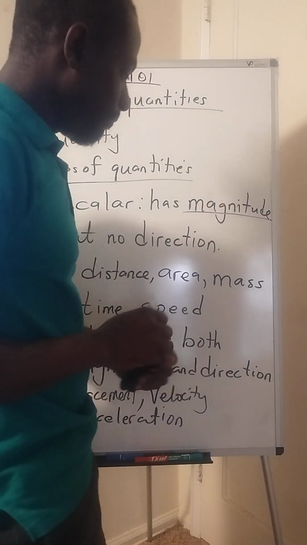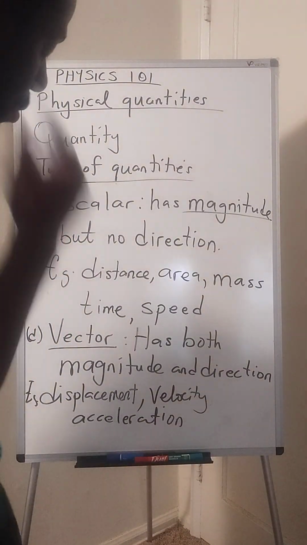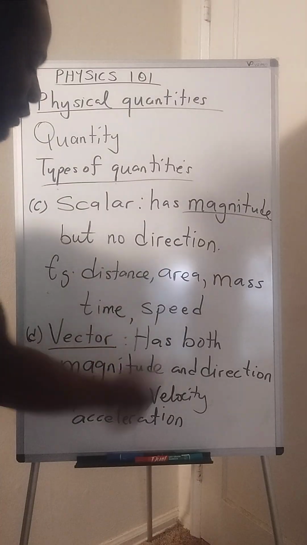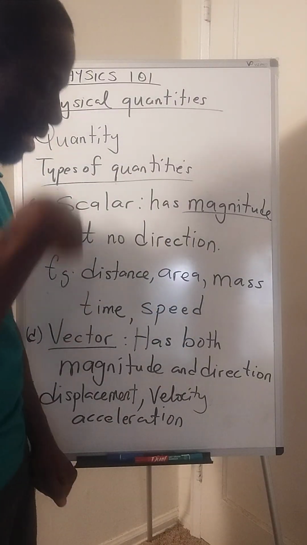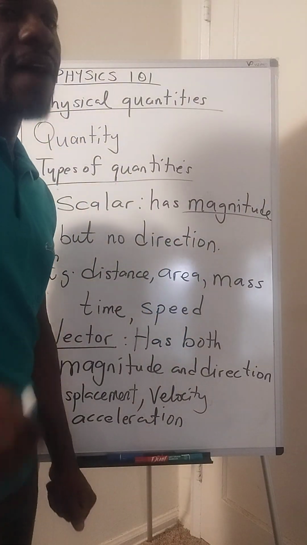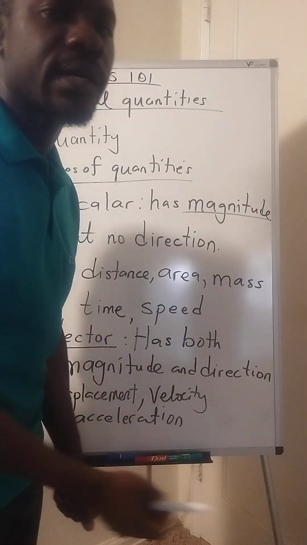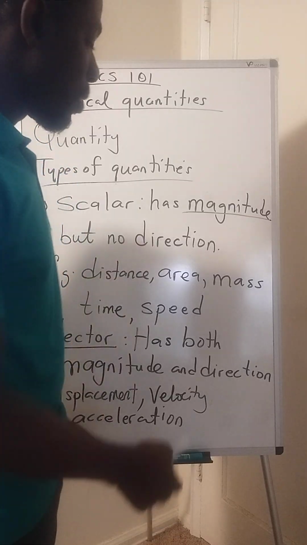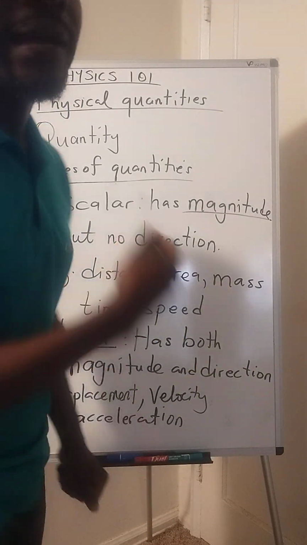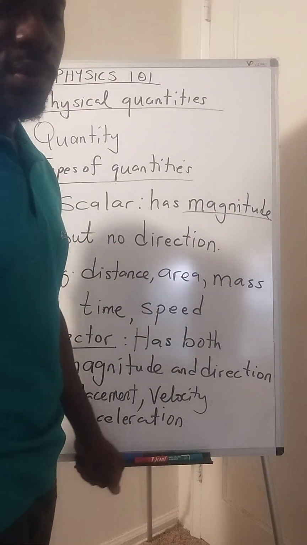Okay, and so that is it. So displacement, velocity, acceleration. We also have force, we have torque. All these ones are examples of vector quantities. I hope you get it.